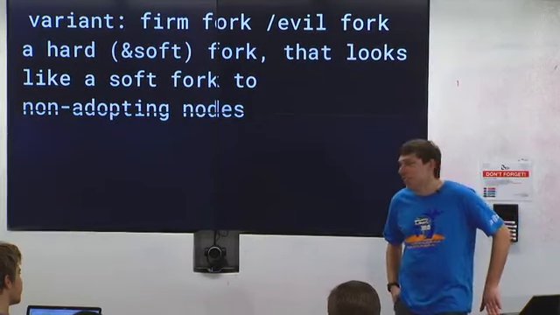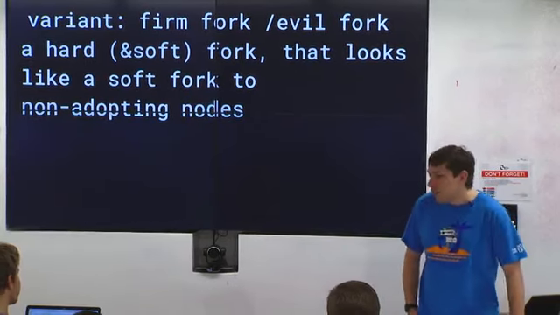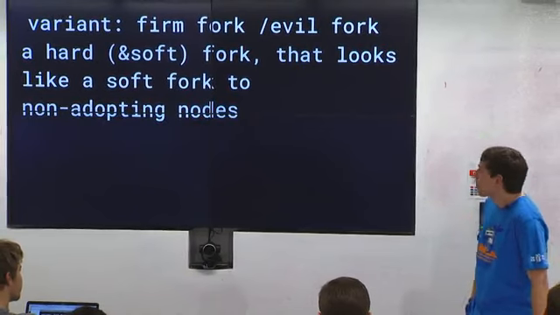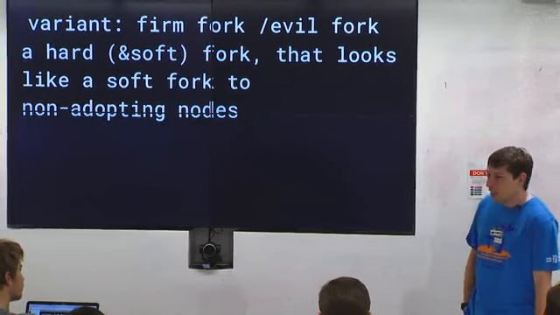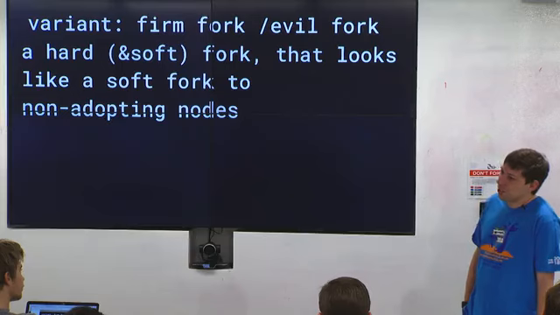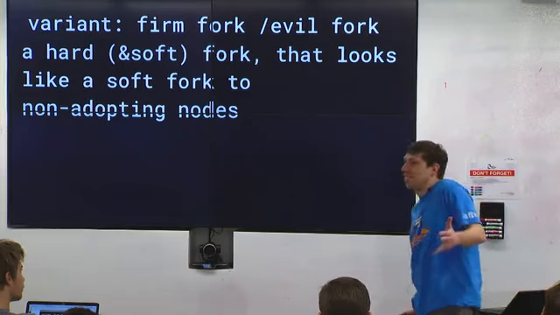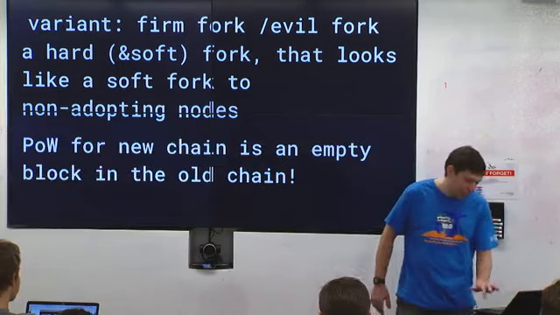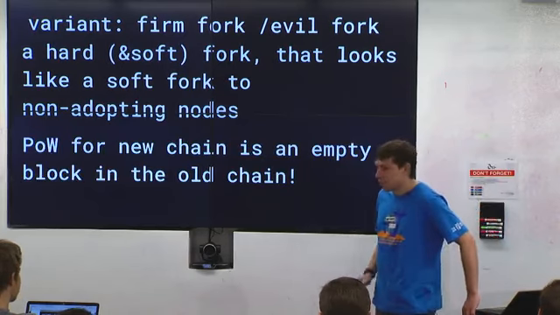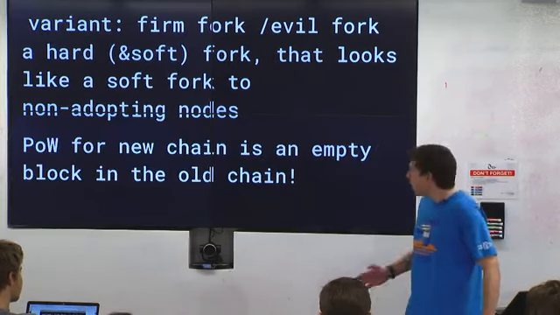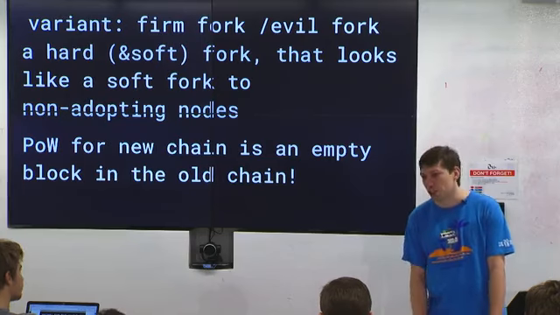So how would you do this? Make a soft fork. It's a hard fork, right? It completely changes the rules. However, it looks like a soft fork to non-adopting nodes. It's kind of crazy. Well, the proof of work for the new chain is an empty but valid block on the old chain.